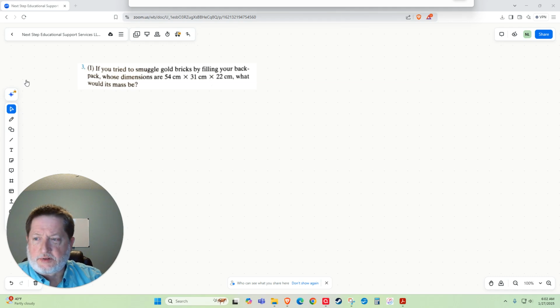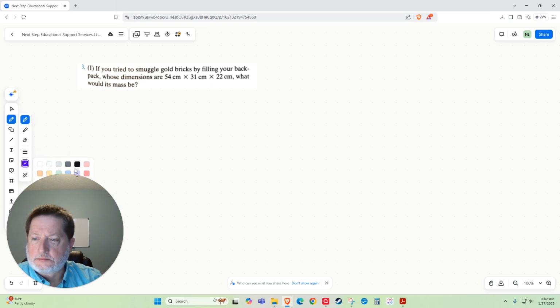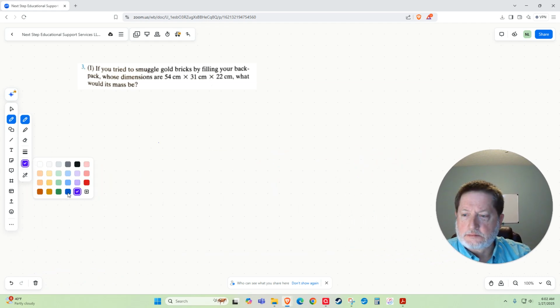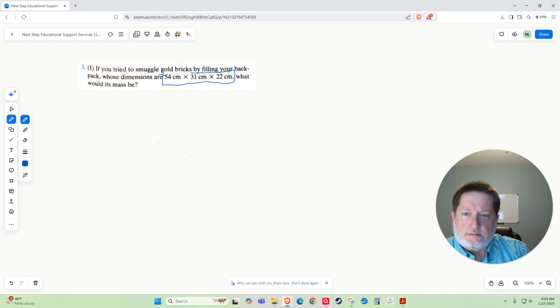As we usually do, we're going to start by identifying what quantities we're working with here. They give us the dimensions of the backpack, which is 3 linear distances.